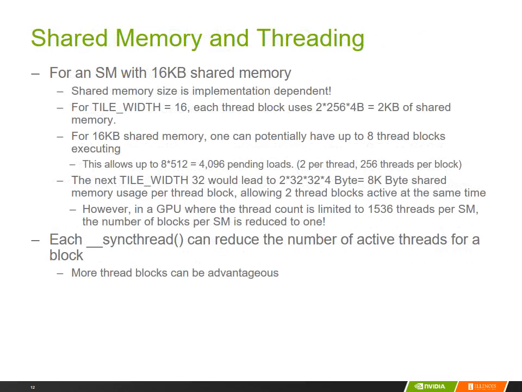Although the previous slide seemed to indicate that a tile width of 32 elements is better than a tile width of 16, other resource constraints in the streaming multiprocessor may reverse that indication.